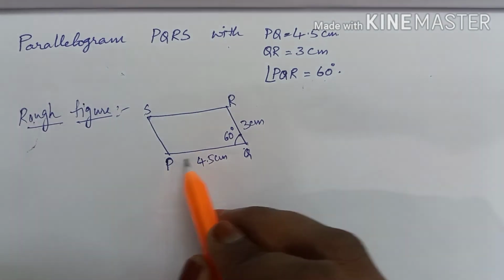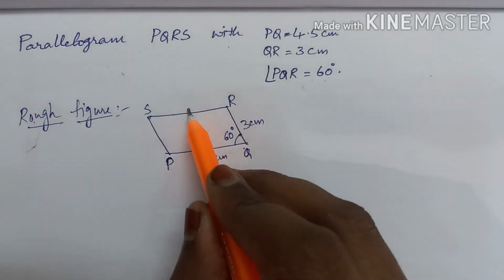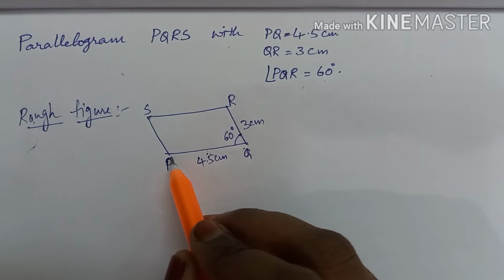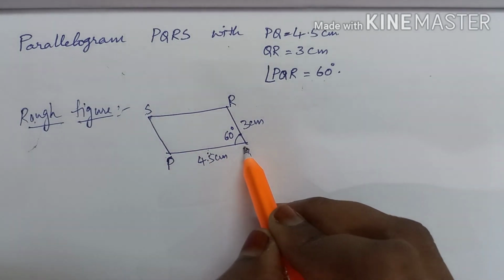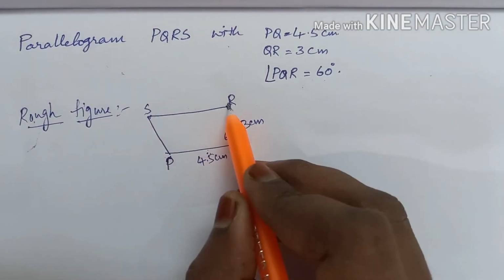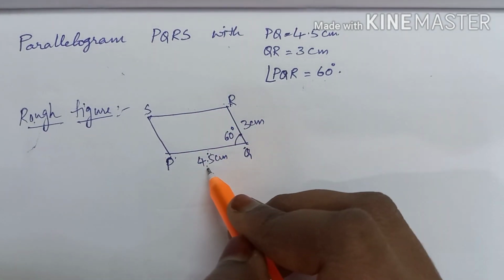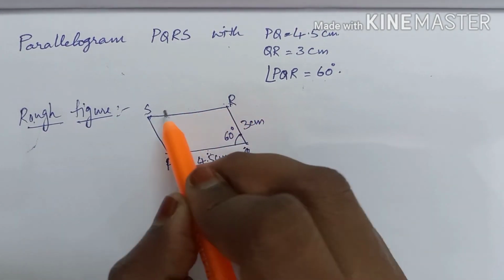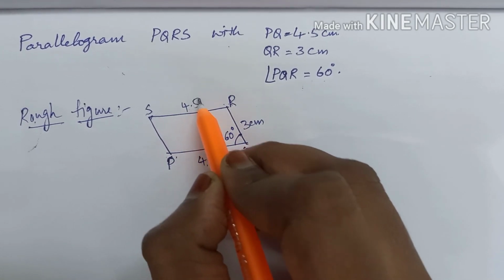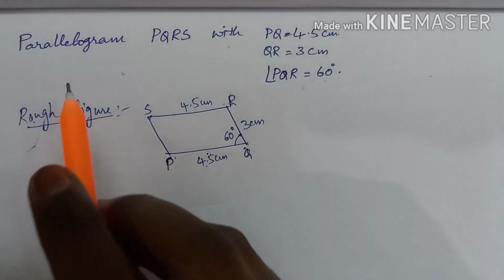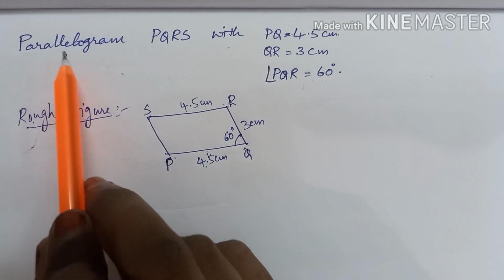Children, in the properties of parallelogram, the opposite sides are equal. So here PQ and RS are also equal. So if PQ is 4.5 centimeters, then SR is also 4.5 centimeters. Why? Because of the properties of parallelogram.